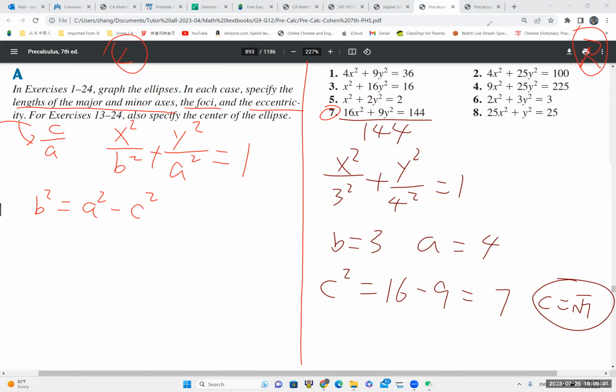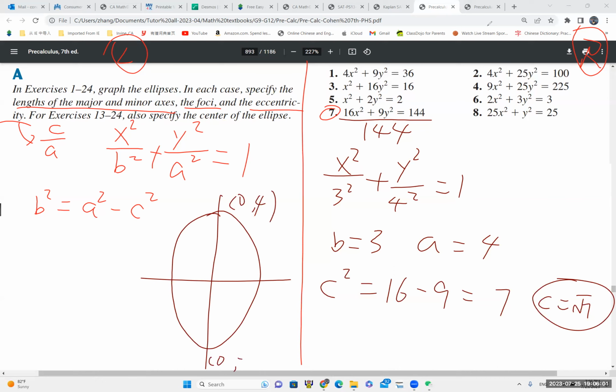So if we draw it, we suppose it's like this, right? Here is (0, 4). (0, -4). Here is (3, 0), (-3, 0). So the length of the major axis is 8. Minor axis is 6.